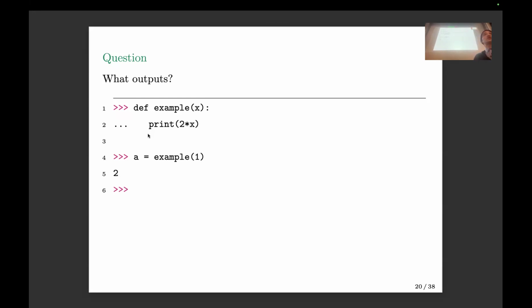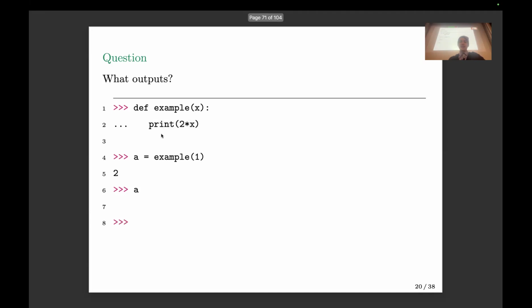You can actually just assume return None is always the last line of any function that you write, because one would think you wrote a return that gets triggered earlier. But there is no return statement there, so it returns None. That print happened because that's an imperative to print something to the screen. When it triggered, example was called, X was made 1, we printed 2, and then we hit this hidden line where it says return None.